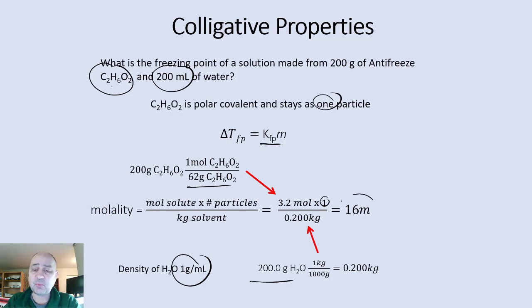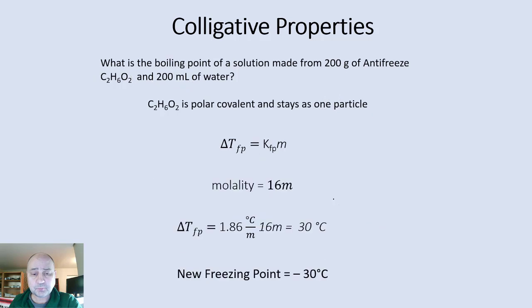We end up with a pretty high molality, so this will have an effect much larger than what we've seen before on the boiling point and freezing point. I'm only asking for freezing point here. So 1.86 is the constant, the molality is 16, so we end up with a change in temperature of 30 degrees. So the new freezing point of this particular solution is negative 30.